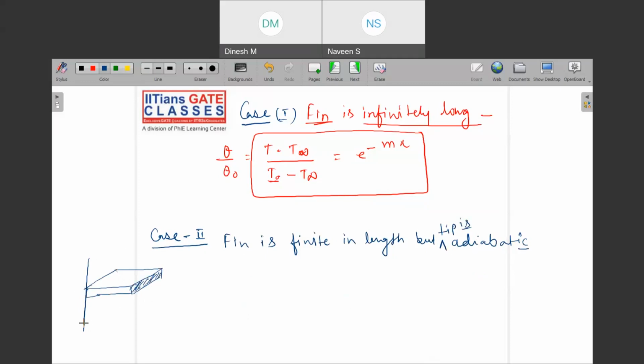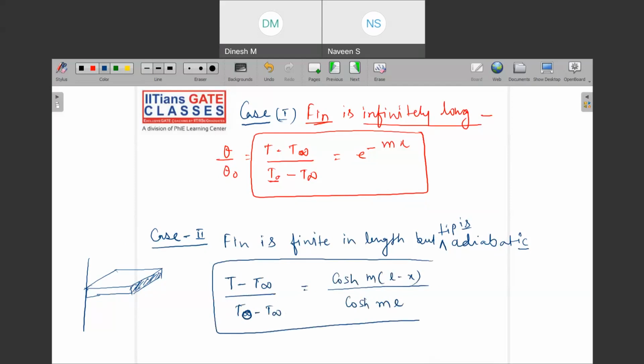So if the tip is insulated, your temperature distribution looks like (T minus T infinity) upon (T naught minus T infinity) is equal to cosh m(L minus x) upon cosh mL. What is m? Square root of hP upon kA, and L is the total length and x is the point at which you are evaluating it.